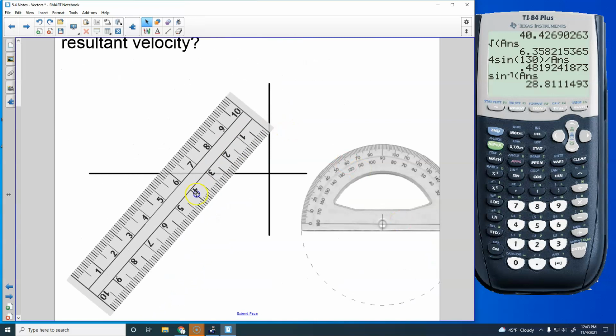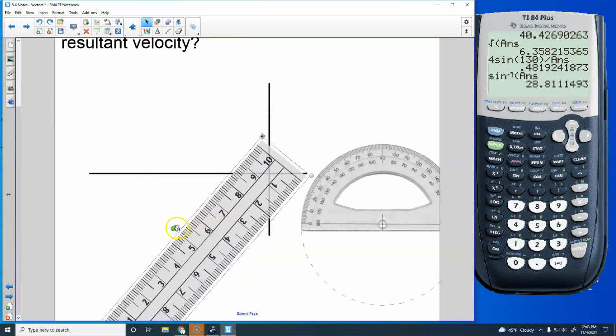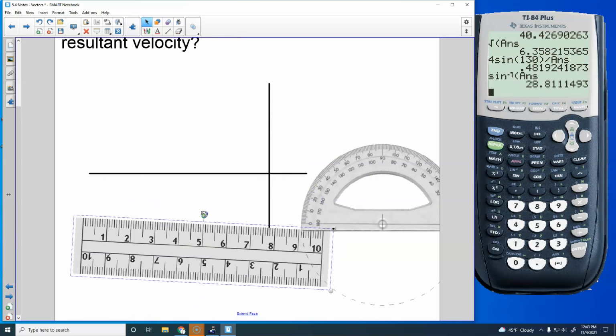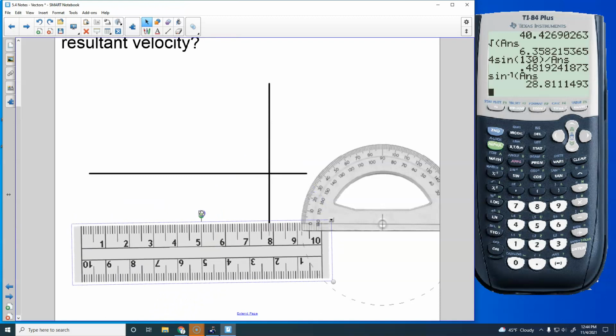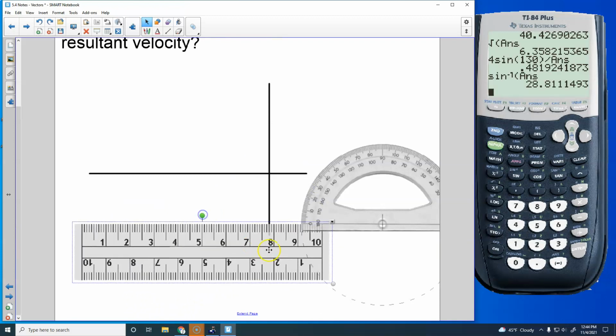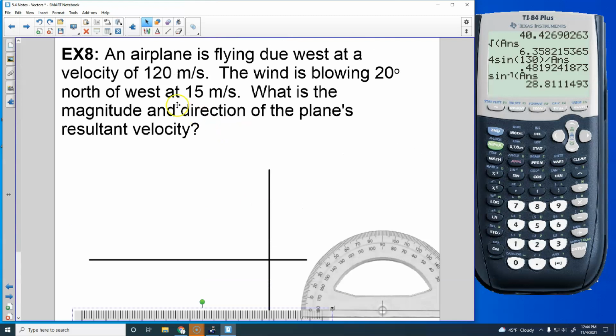Whenever you are doing these problems, especially in this particular case, drawing this to scale, you can't really draw something that's 120, right? It's going to be too big.